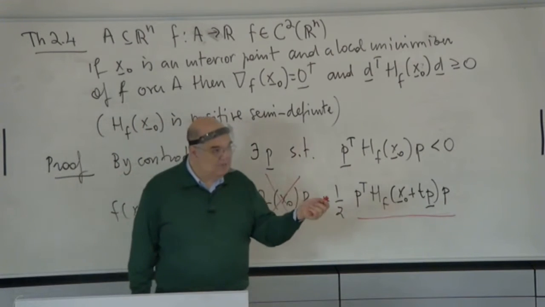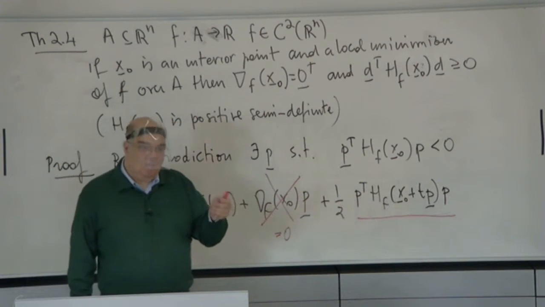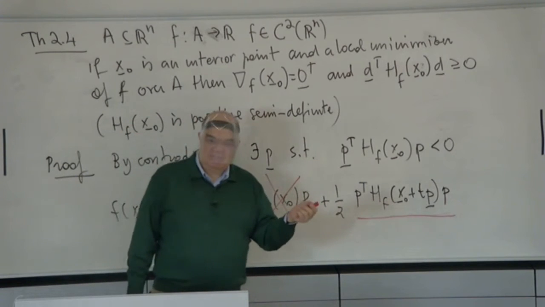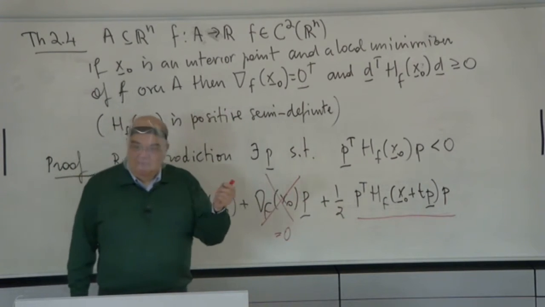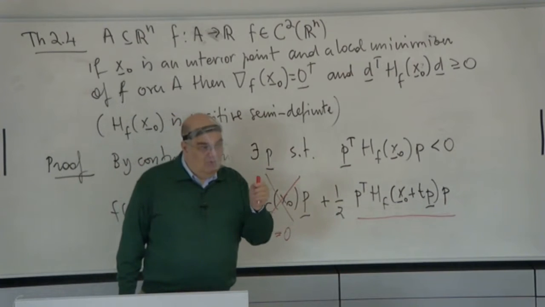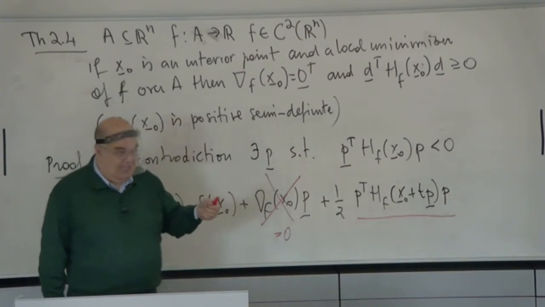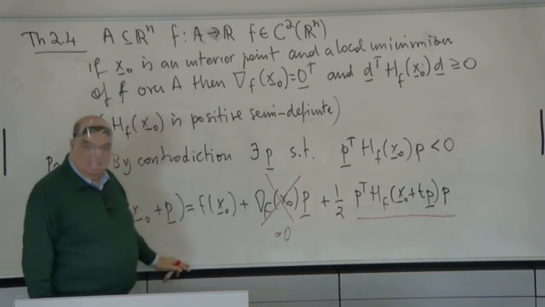One is non-negative, the other one is non-positive, so the only way for them to be equal is that they are both equal to 0. That is the key. And essentially, we are doing more or less the same thing here.